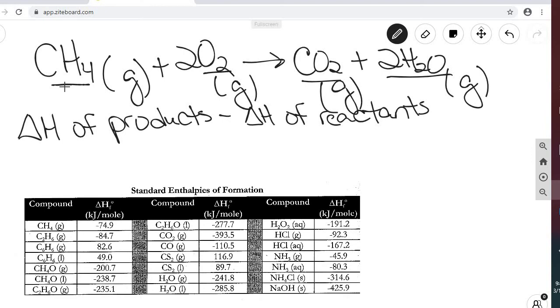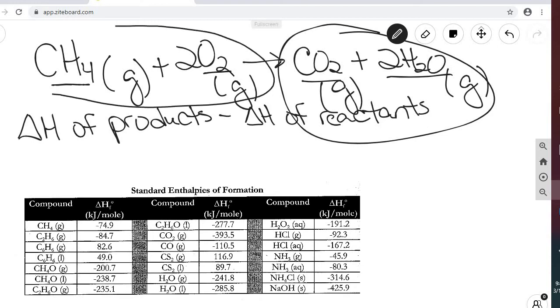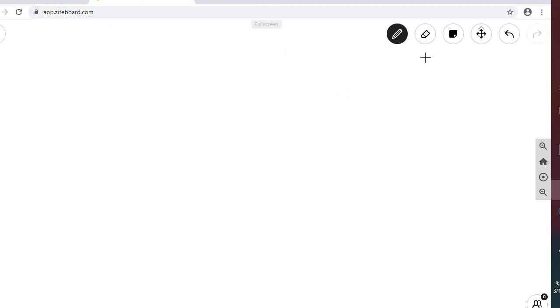We take the delta H of the products minus the delta H's of the reactants, and that would give us the enthalpy of the entire chemical reaction. Okay, so let's do an example. Here's the chemical reaction that we'll look at.